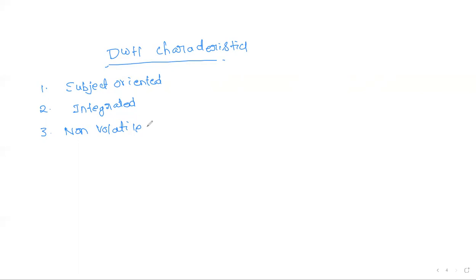From March to April, it will change again. So generally, in a particular period, it will not change. That is called non-volatile. But time variant, I just said, from March to April the data will change. It means in a time frame, it will change. But in a fixed or stipulated time, the data should not change. That is what non-volatile is, and what time invariant is. If it is time variant, it is changing day by day like that.